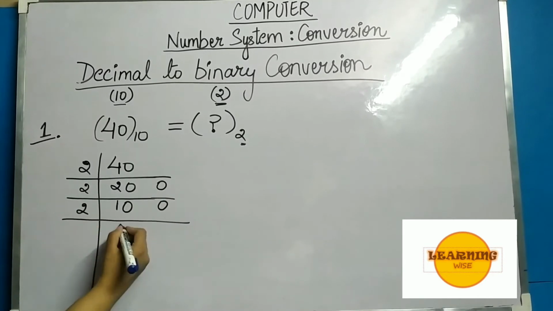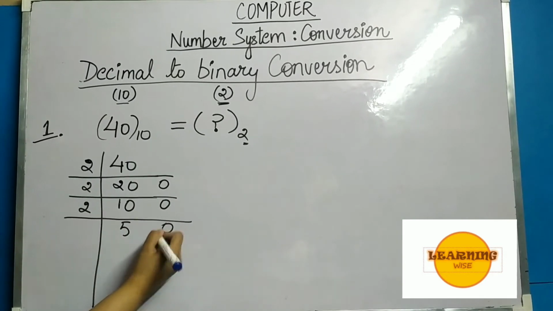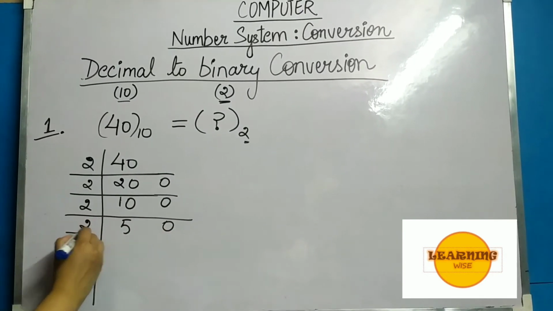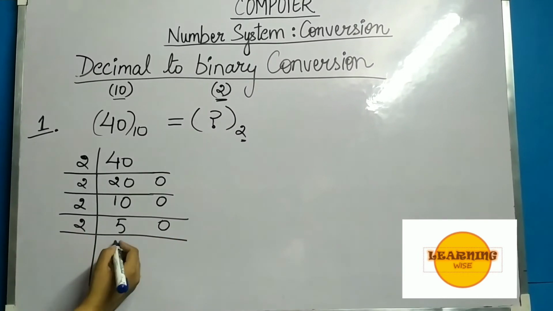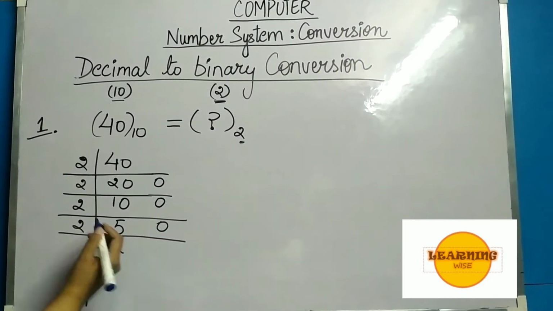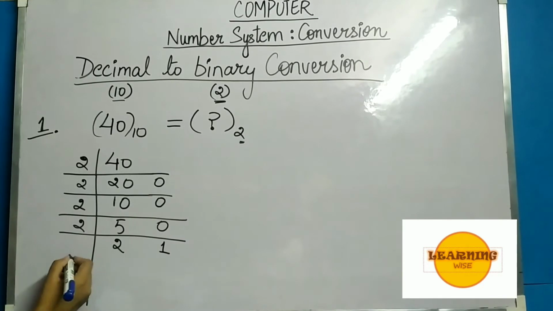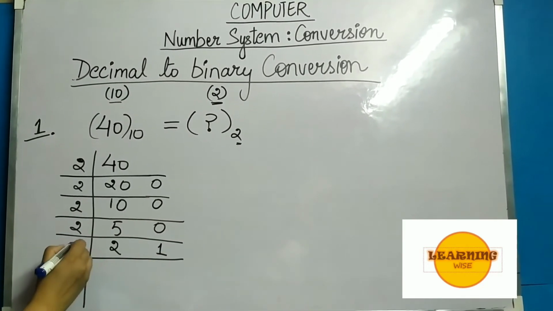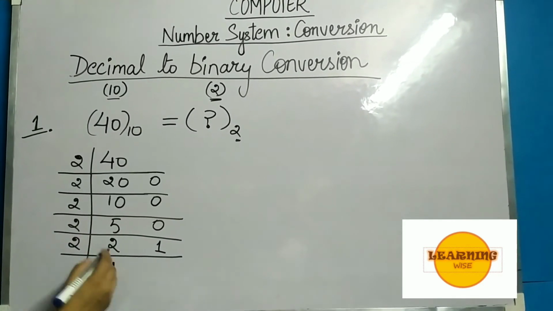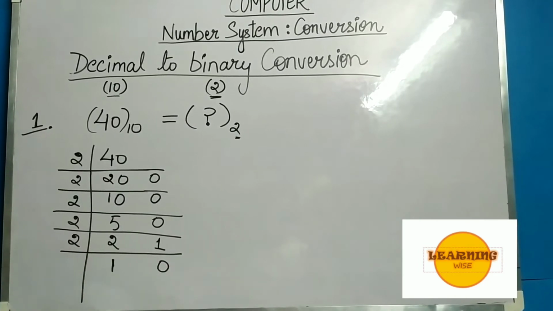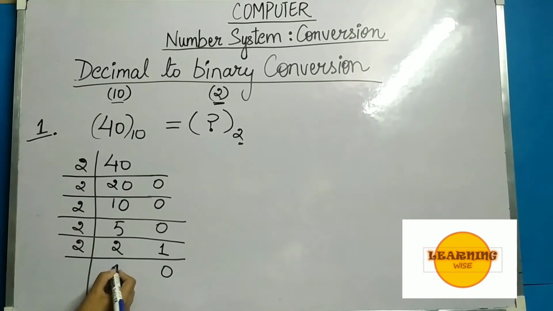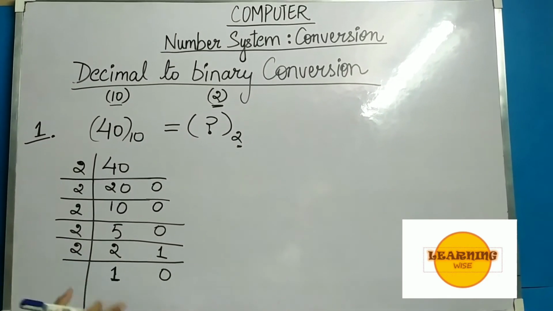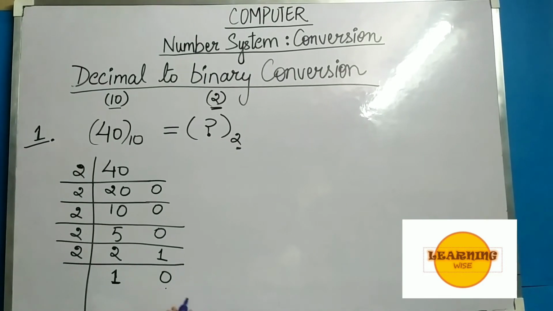So, 2 5s are 10, and the remainder is 0. Now, the difference comes: 2 2s are 4, remainder is 1. Now 2 1s are 2 and the remainder is 0. Now here our question gets solved because we have got the remainder 0.